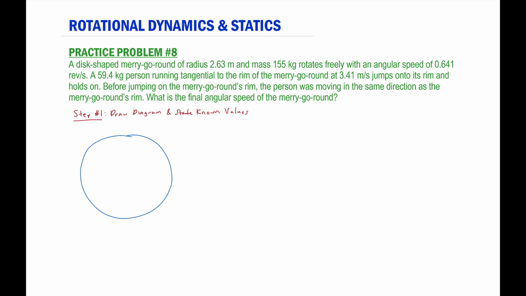We know that there's an axis of rotation right at the middle, so we'll label this the axis. We also know that the mass of the merry-go-round, we'll just call that m, and it has a moment of inertia I. It also has some sort of angular velocity of omega i, and we can label this as the initial condition.